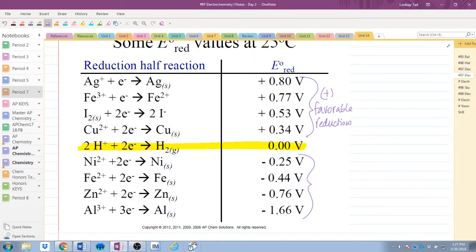Iron 3+ will reduce, hydrogen gas will oxidize, right? That's what these are measuring. And the bigger the number is, the more favorable it is, the more likely it is to reduce compared to other things. These things down here are unfavorable.